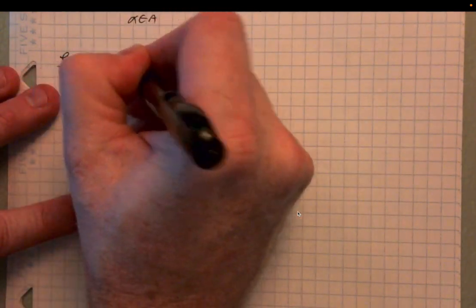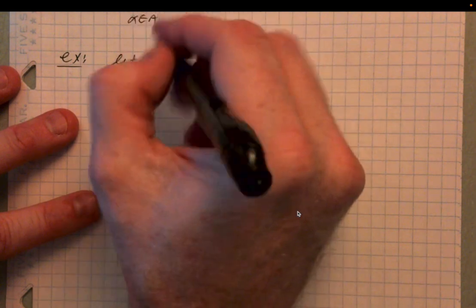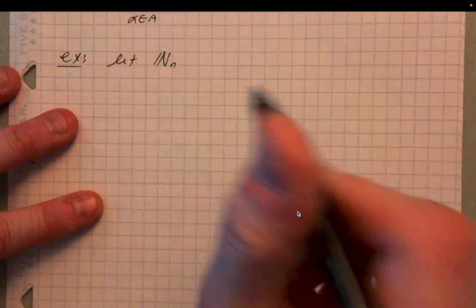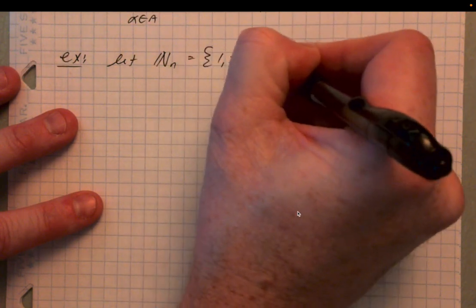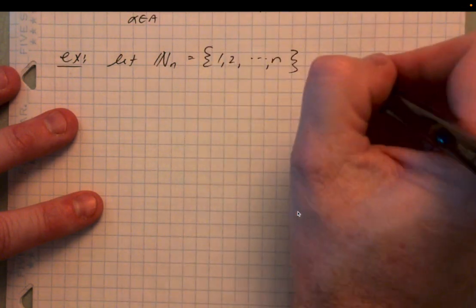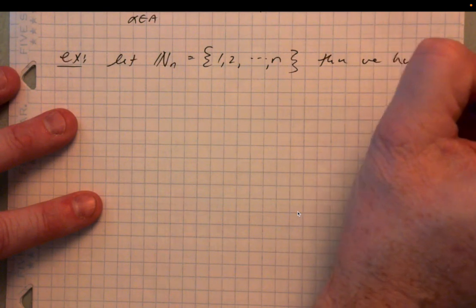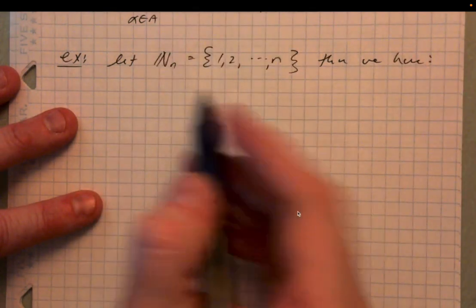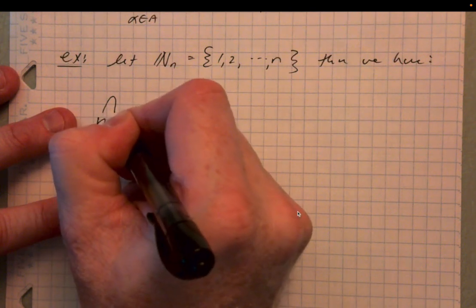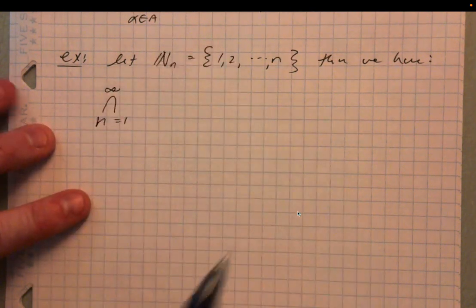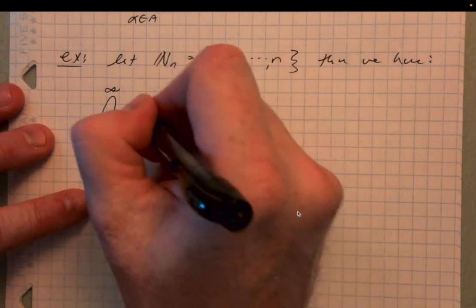So for example, let's go back to the example we've been running with, this N sub n. So we'll let N sub n equal 1, 2, dot, dot, dot, up to n. Then what's the intersection of N sub n?